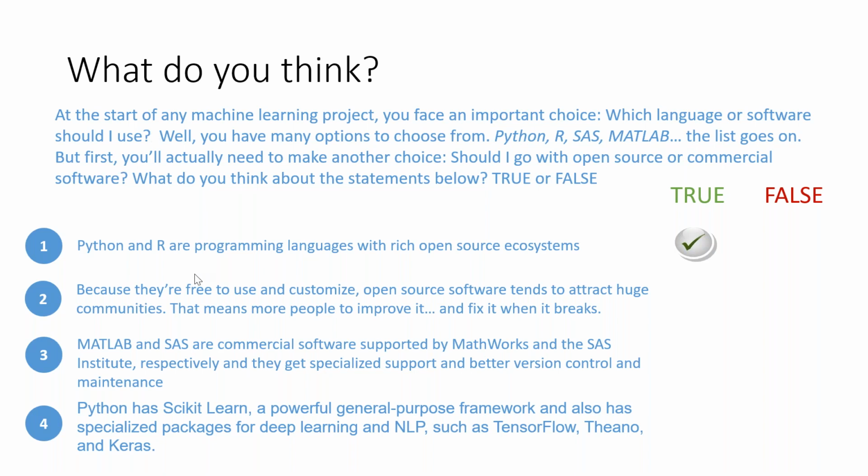Because they are free to use and customize, like Python and R, they are open source software. So typically, open source software tends to attract huge communities. That means more people to improve it and fix it when it breaks. You agree or not? Yeah. Though there is no commercial organization behind this technology, there are very passionate communities.